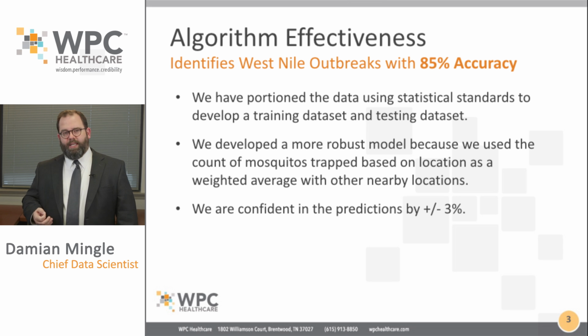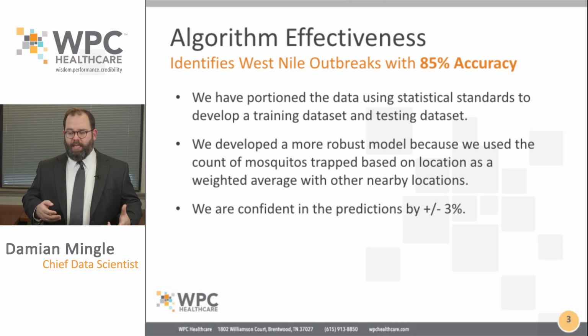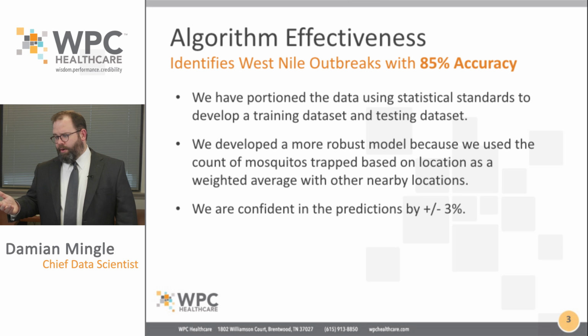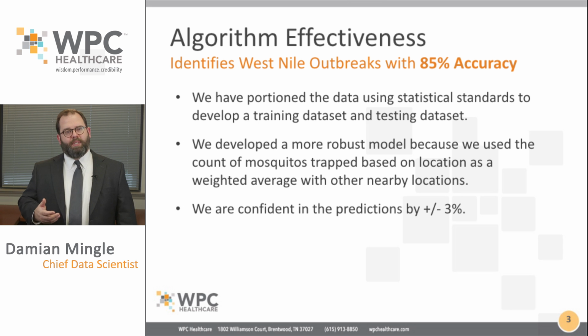We've partitioned the data using statistical standards to develop a training data set and also a testing data set. We've developed a more robust model because we've used the count of mosquitoes trapped based on location as a weighted average with other nearby locations. And we're confident in the predictions plus or minus 3%.